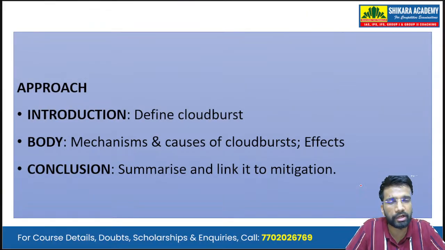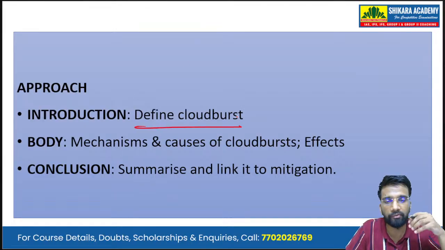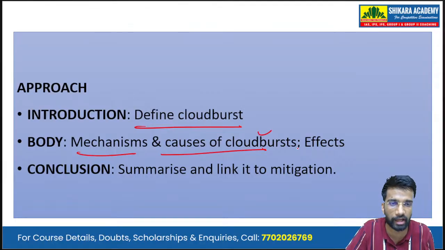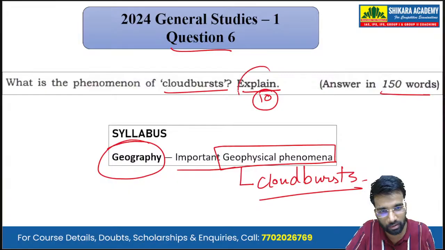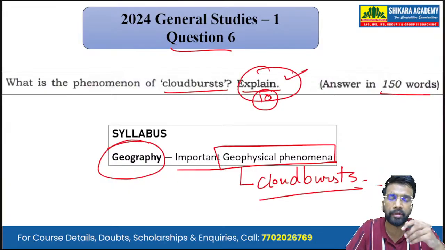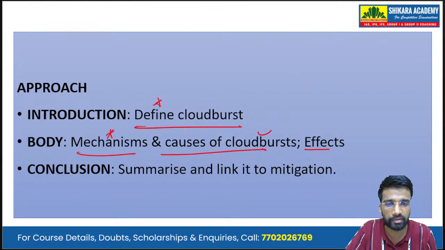Now, the approach that we'll be taking, because it is a very direct question: in the introduction, we will define what a cloudburst is. Then in the body, we'll write the mechanism and the causes of the cloudburst and write the effects. Because the question is asking to explain, we have to cover almost all the aspects: the definition, the mechanism, the causes, as well as the effects.